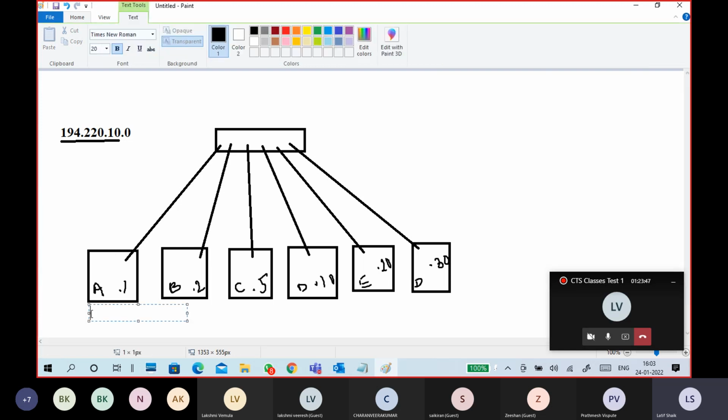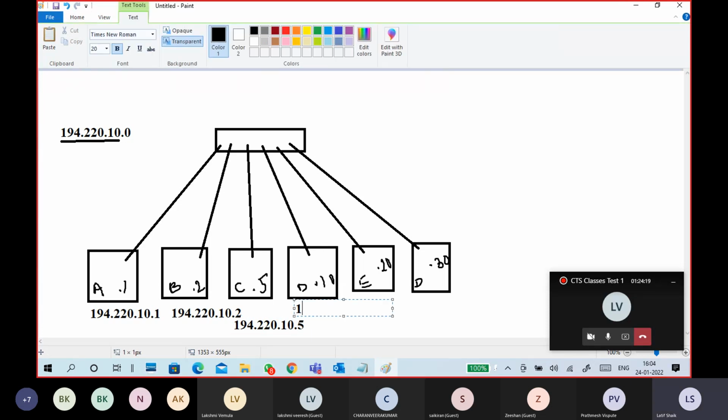So on each PC I will go and give the IP address like this: 194, 220, 10, 1.